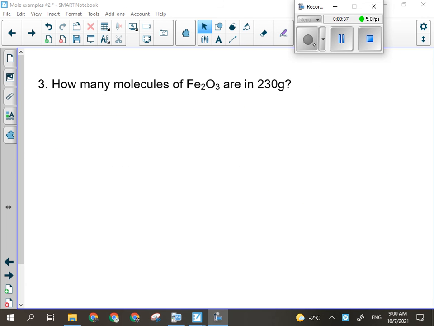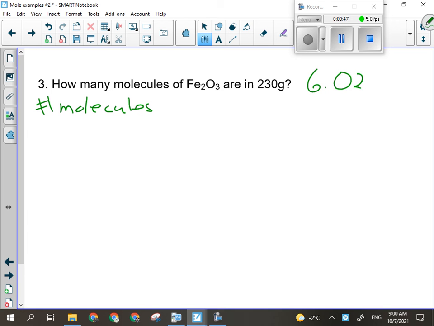So looking at number 3, we're looking for how many molecules. So we are being asked to calculate the number of molecules, which means Avogadro's number, which tells us how many molecules are in a mole for any substance, is now going to be involved.